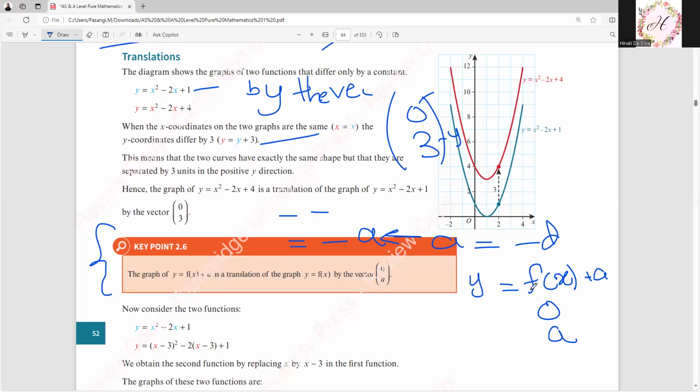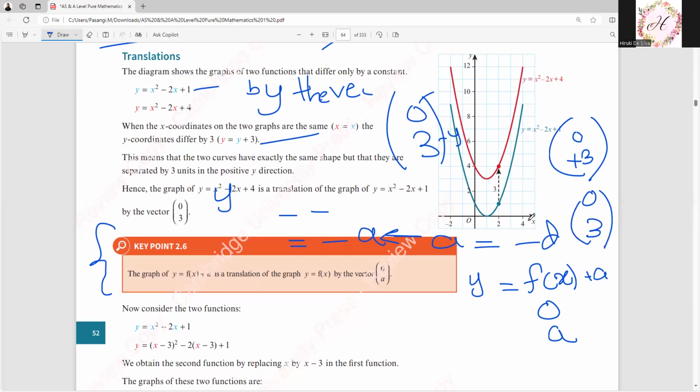If it only changes the y coordinates, then there are no changes in x, so we can put 0 there. But for the y values, you should mention the change. Here we have to add 3, it would be plus 3. So we mention it in this plus part, then the vector would be (0, 3). That's how it works.